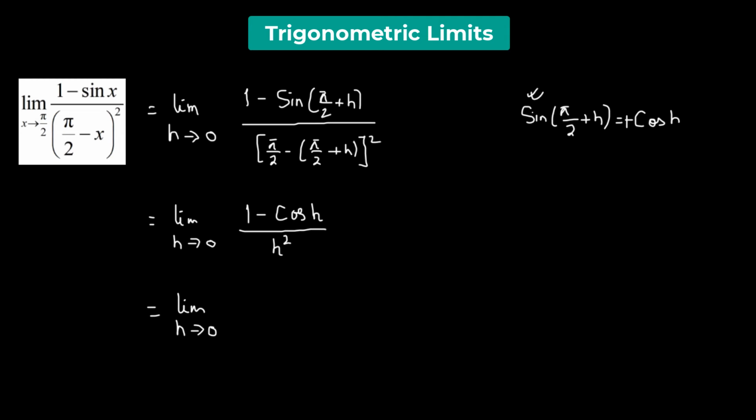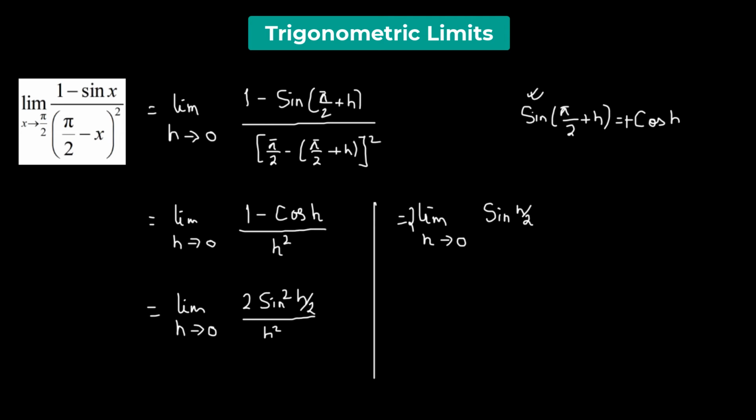So 1 minus cosine of h will be 2 times sine squared h over 2, divided by h squared. So let's rewrite it. Let's bring the 2 to the front, it being a constant. So we have limit h tending to 0, sine h over 2 divided by h times sine h over 2 divided by h.